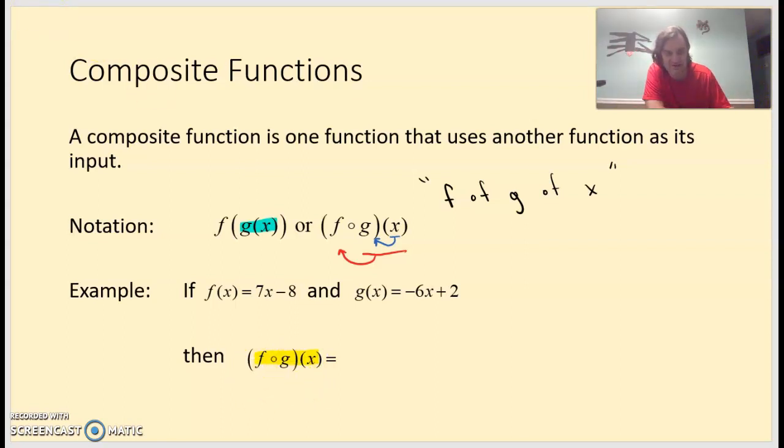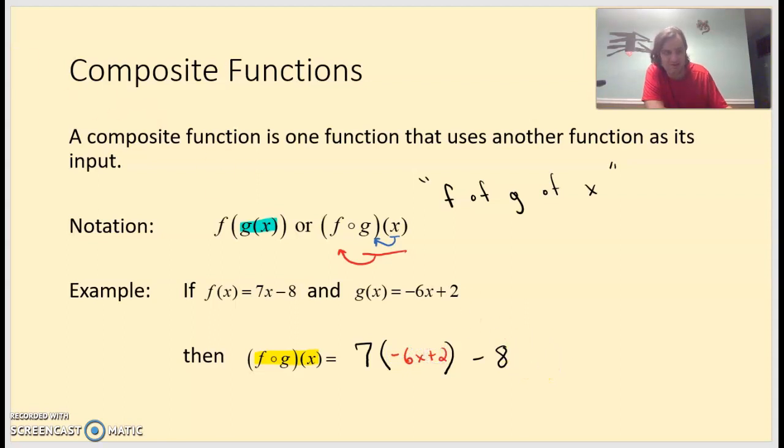So the way I usually do this is I start writing out f, which is 7x minus 8. So I put the 7, then I leave a placeholder, big old parentheses, minus 8. So 7 times an input minus 8. And that input would be g, which is negative 6x plus 2.